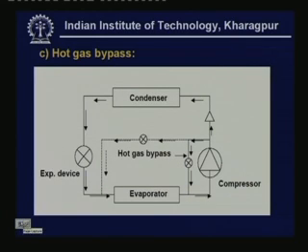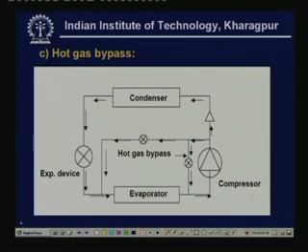You can also have another hot gas bypass method, where instead of sending this hot gas to the inlet to the compressor, you can send it to the inlet to the evaporator. That means you are not using this, but you are using this valve. This valve is again controlled by the pressure of the evaporator, and when the evaporator pressure falls, this valve opens. When this valve opens, what is happening? The refrigerant vapor comes directly to the inlet to the evaporator.